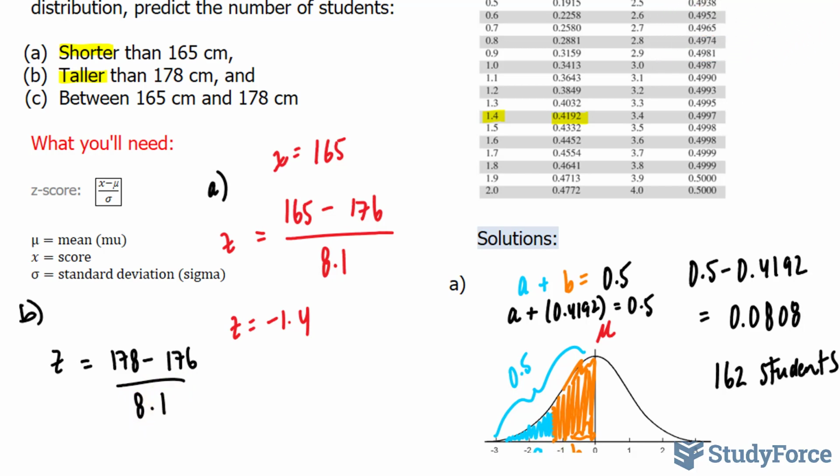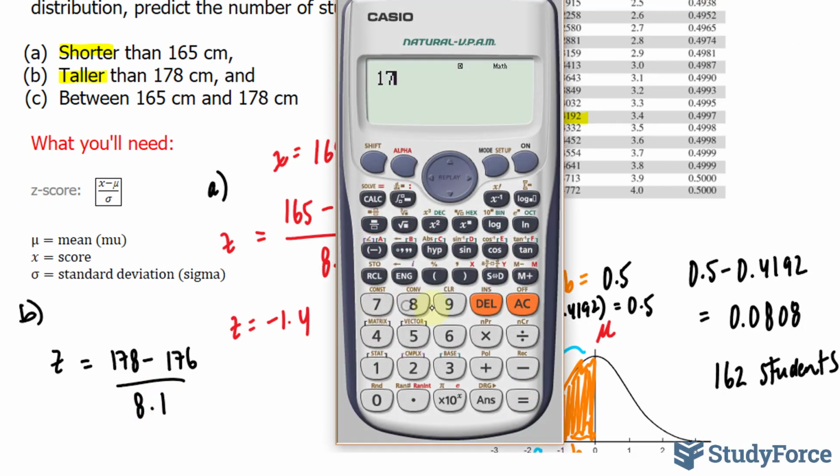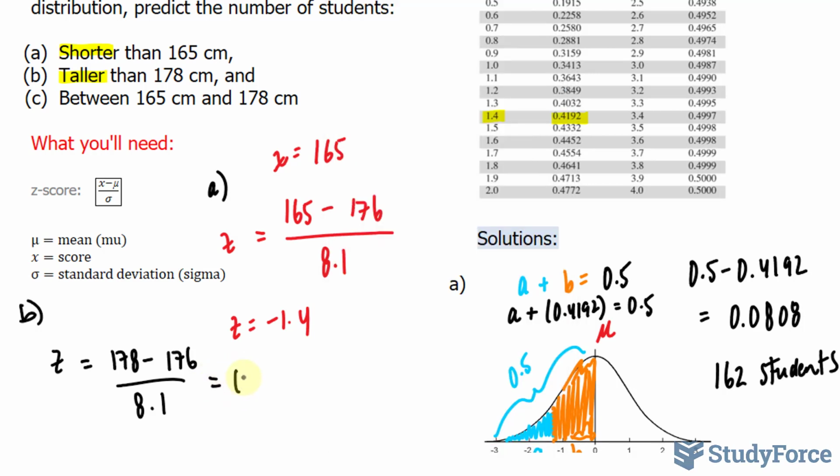Now using our calculator, we have 178 minus 176 divided by 8.1. This will give us a z-score of 0.246. And I'll round this down to 0.2 for the sake of simplicity, and of course our table ranges to 1 decimal place, so we don't want to go beyond 1 decimal place.